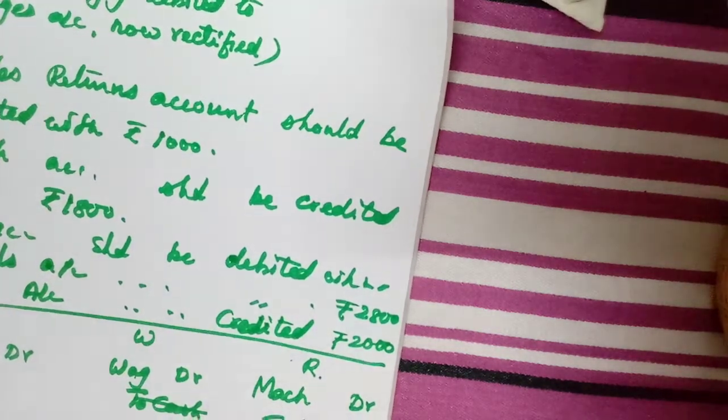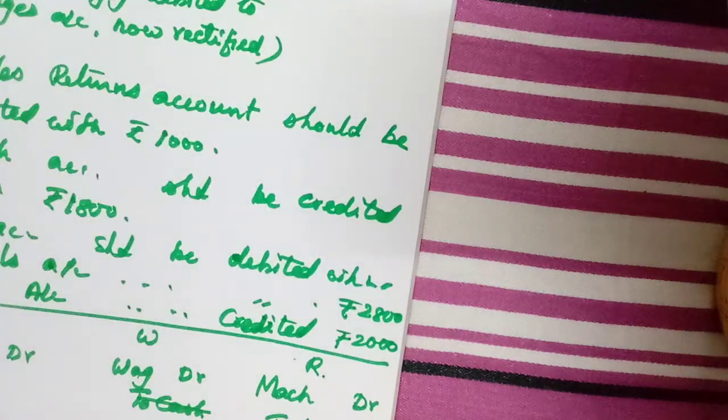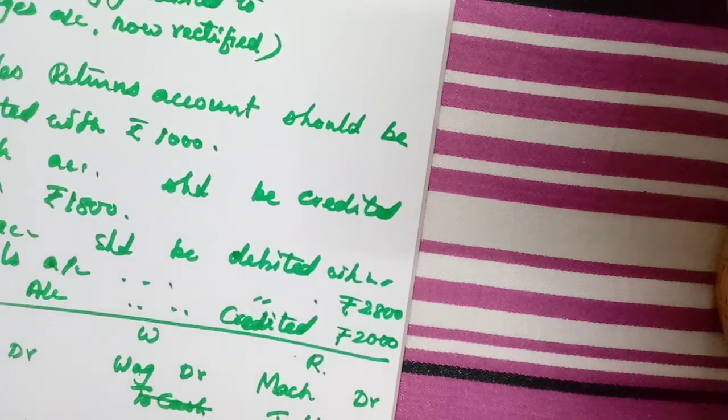Then next one, the seventh one: the following errors were located at the time of preparing trial balance, rectify them. At the time of preparing means we have to treat it as before the preparation of trial balance.